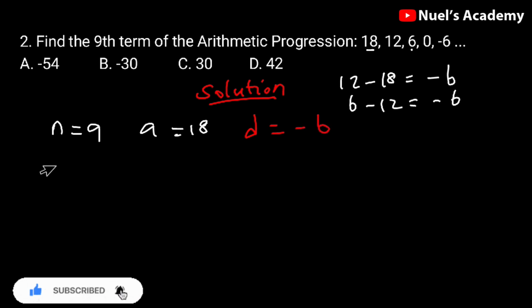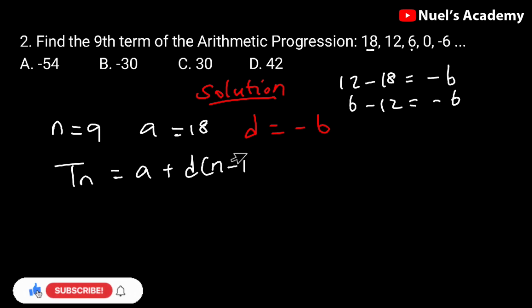Now the formula for the nth term of an AP is A plus D multiplied by the number of terms minus 1. So to find the ninth term, this is equal to the first term, 18, plus the common difference, minus 6, times 9 minus 1.